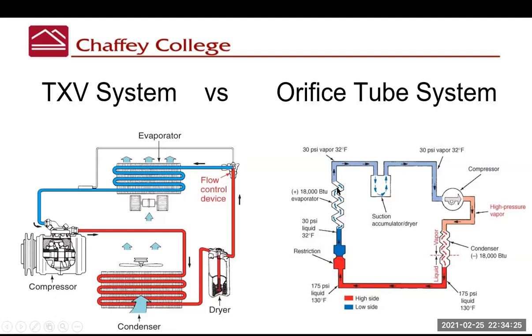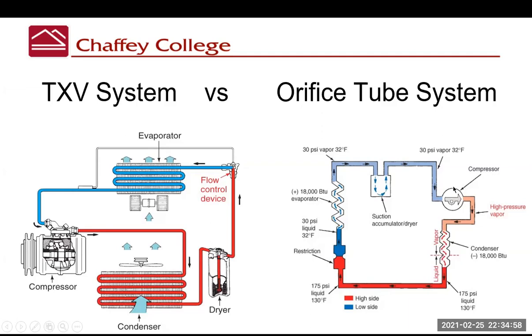So if any liquid gets out of this evaporator, before it makes it back to the compressor, it has to circulate through the accumulator and release any liquid that's left there, liquid refrigerant, and it also has the dryer in it, the desiccant bag. So it leaves its moisture here and it leaves its liquid form here. So there's only vapor moving back to the compressor.